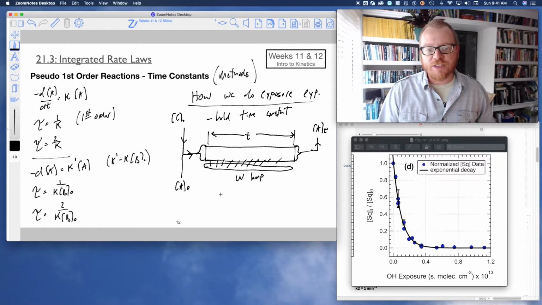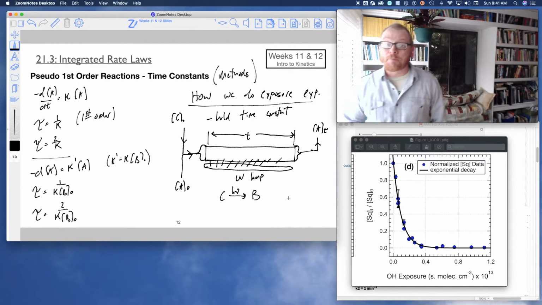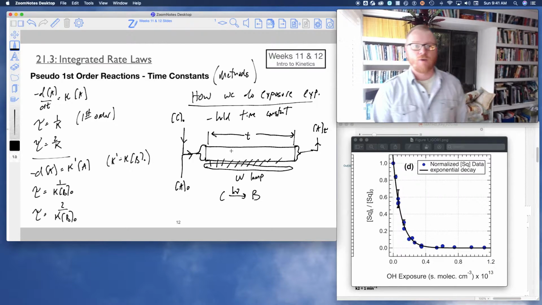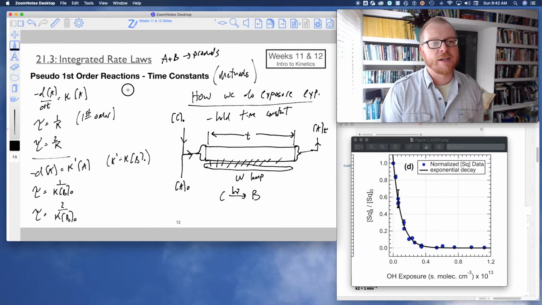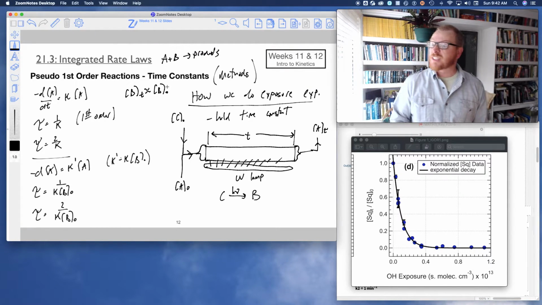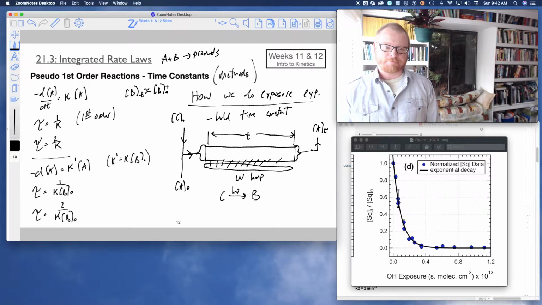And so now we impose some reaction that says C under UV light makes our reactant B that we're interested in, right? We'll go back to this. The reaction we're really interested in is A plus B goes to products, and we want to impose that B at any time is just constant, okay?